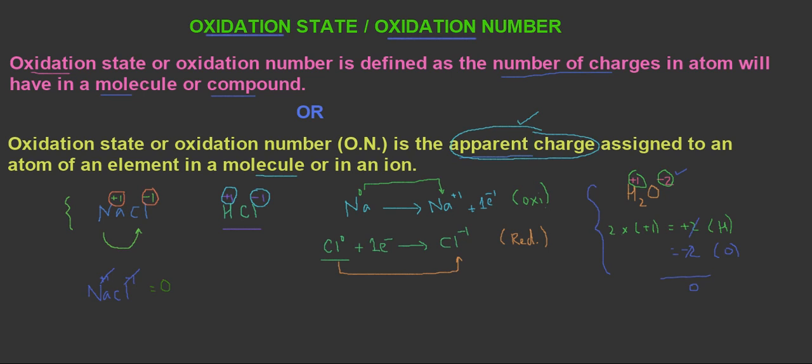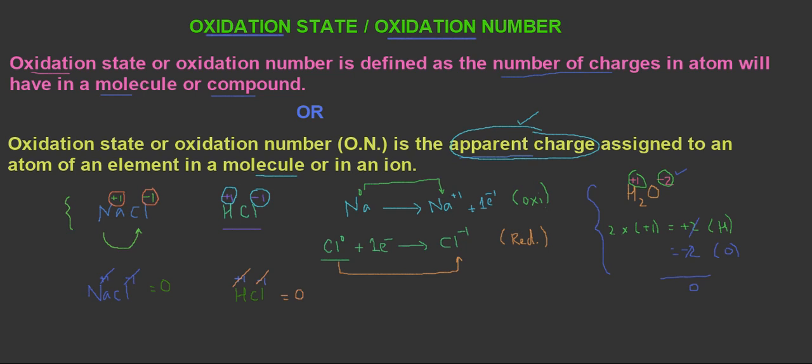It means sodium chloride as a whole is neutral. Similarly, for HCl, hydrogen has +1 charge, while chloride has -1 charge. This positive and negative cancel out, and from +1 and -1 we get 0 as an answer.